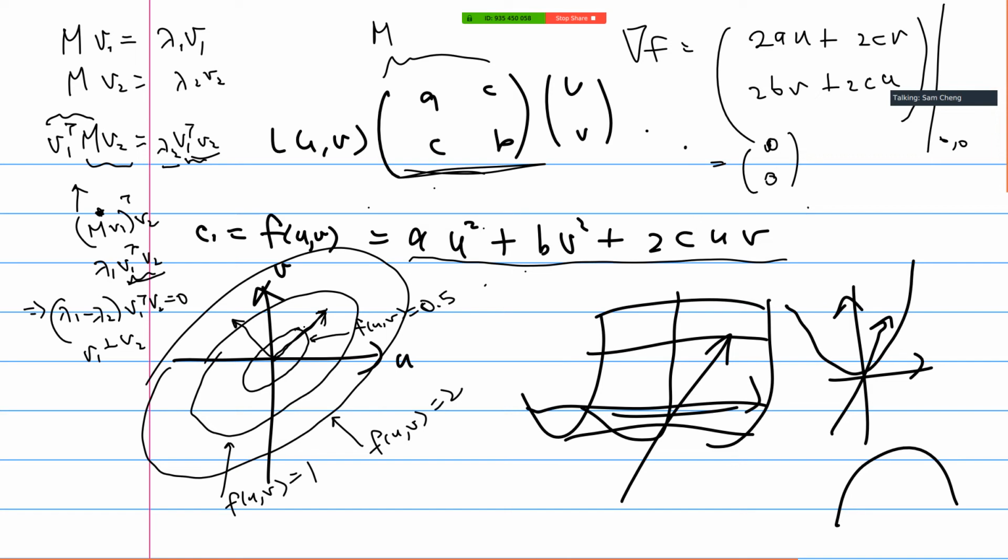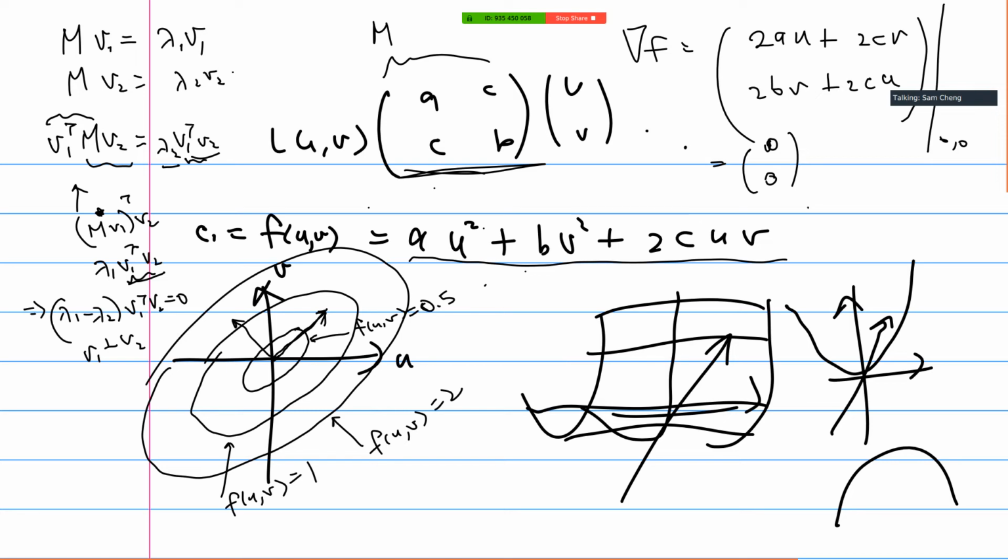So how can we see that? First of all, let's make one more assumption here. This v1 and v2, I can normalize that, right? I can make it a unit eigenvector.